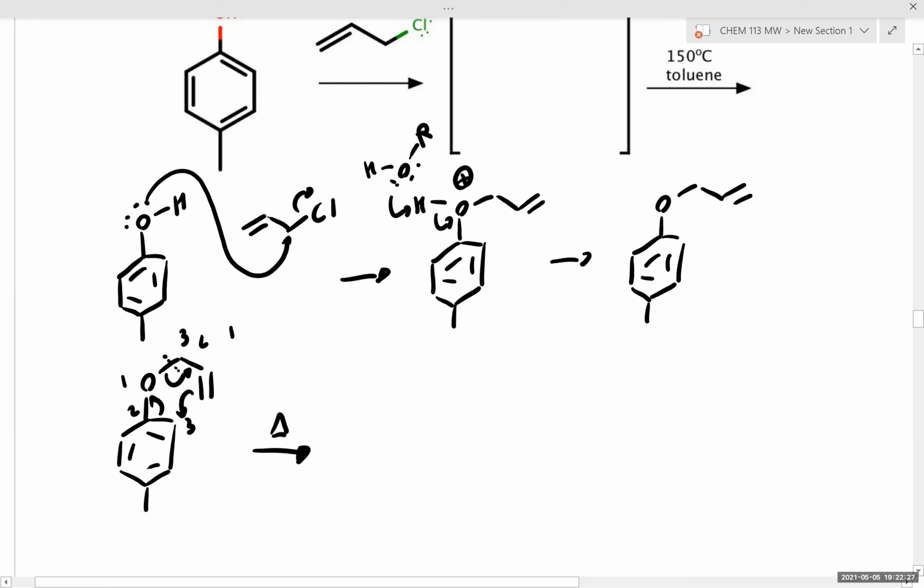This gives us the corresponding alpha allyl ketone product. However, this product does not stick around for very long in solution.